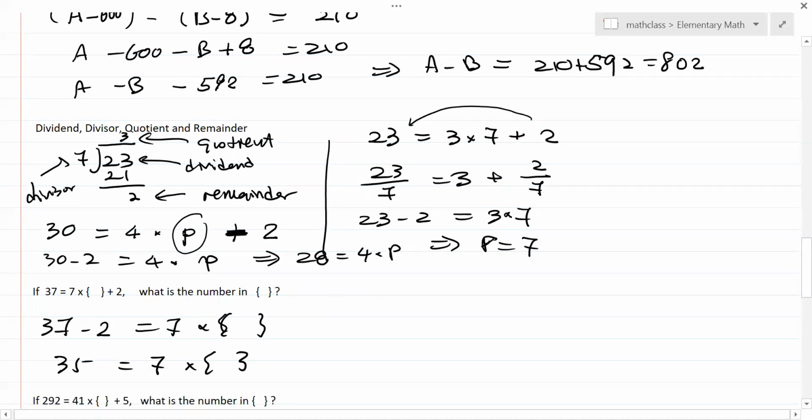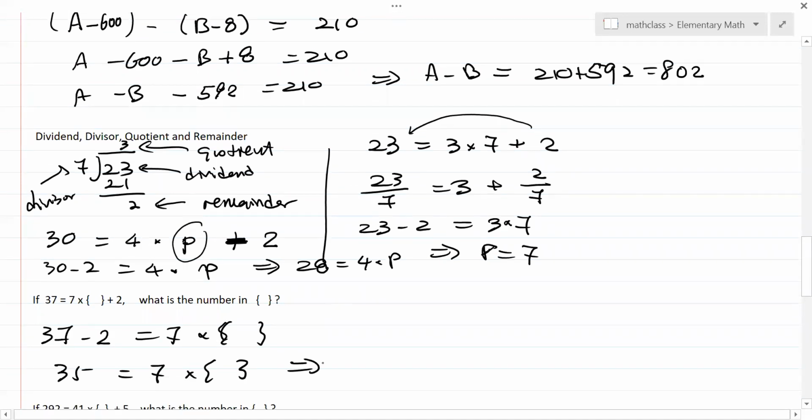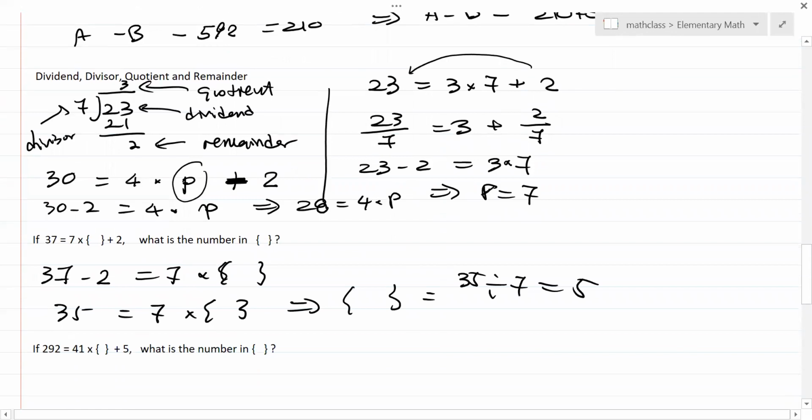Then you just divide both sides by 7. So that number is 35 divided by 7, which is 5. So you get 5. Second problem, let's do the next.